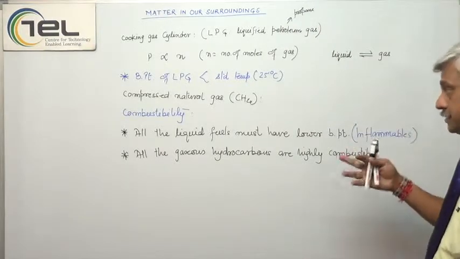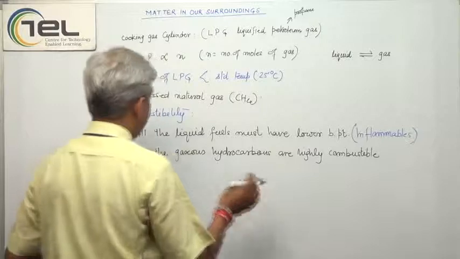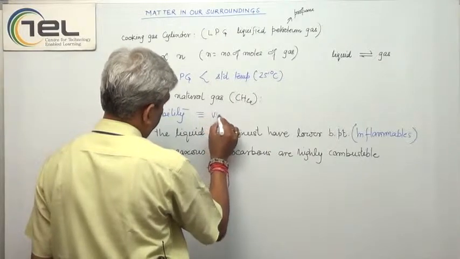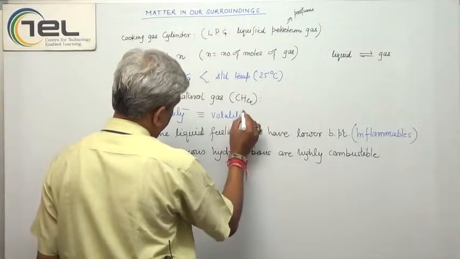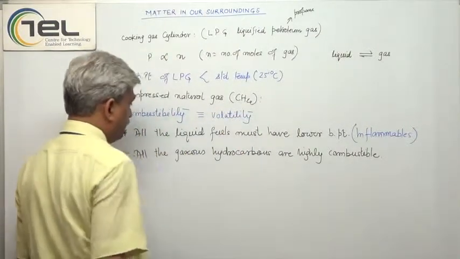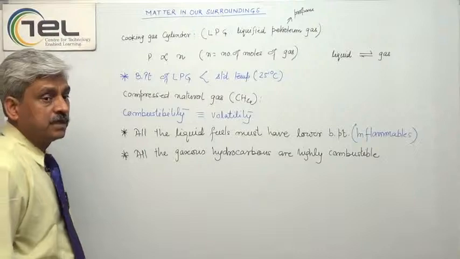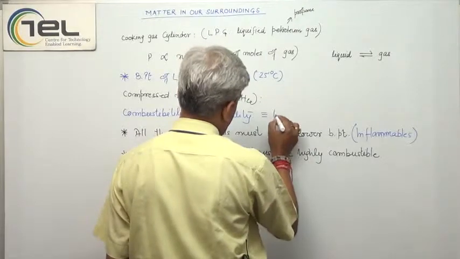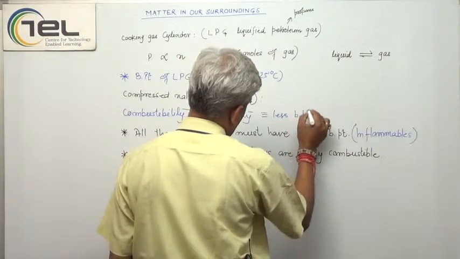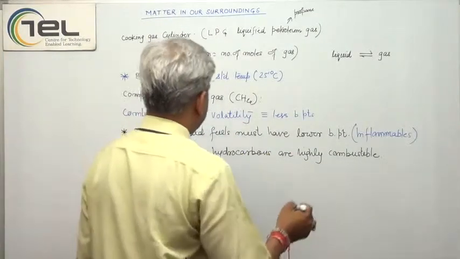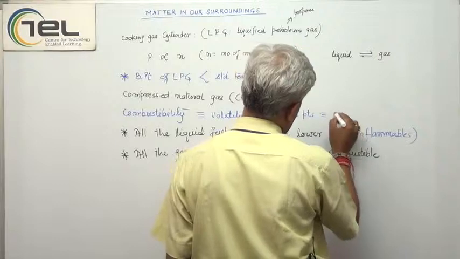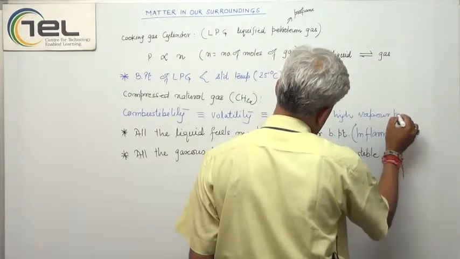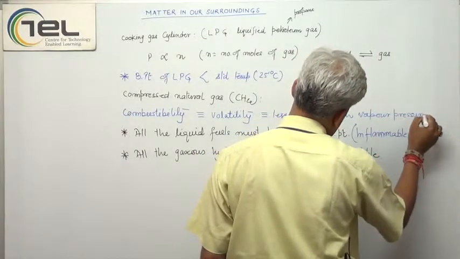So you can connect combustibility with volatility: anything which is combustible definitely will be more volatile, and you can also connect this with less boiling points and with high vapor pressure.